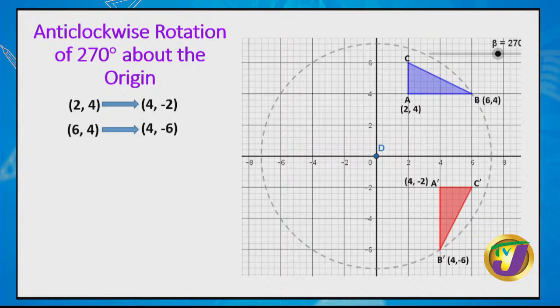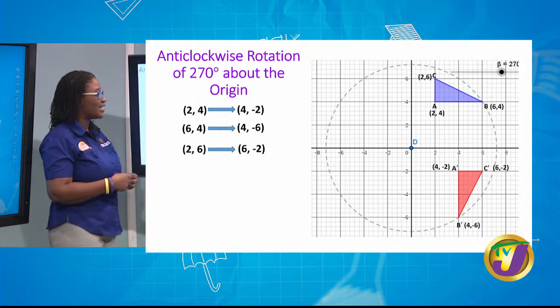For B and B prime, (6, 4) maps to (4, -6), so B prime is (4, -6). And for C and C prime, (2, 6) maps to (6, -2).